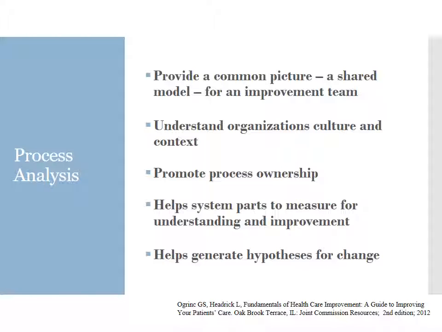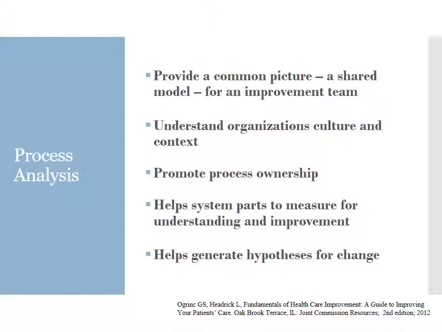So it really helps to identify which parts of the system are important to measure, and in order to understand and improve the care system, to identify and prioritize those components that we'll be targeting. And this is where having systems to measure and understand improvement will be particularly important.